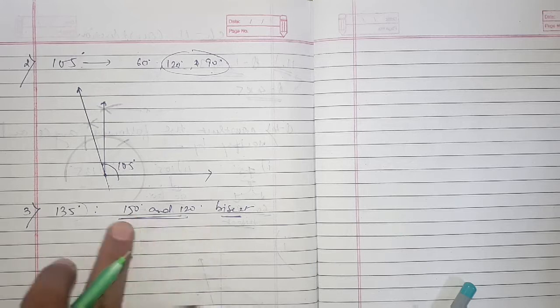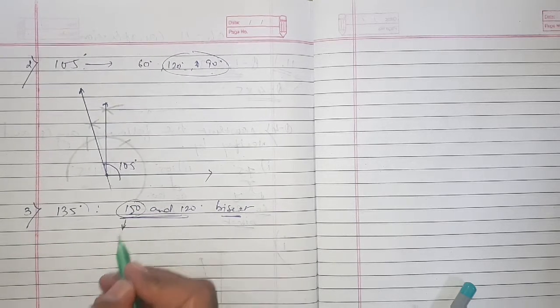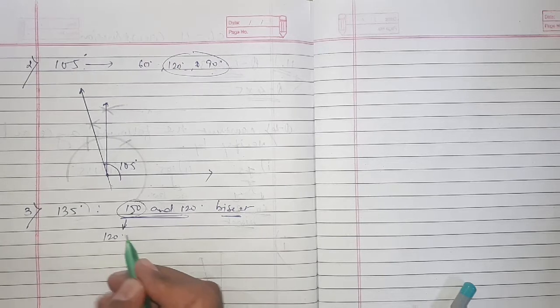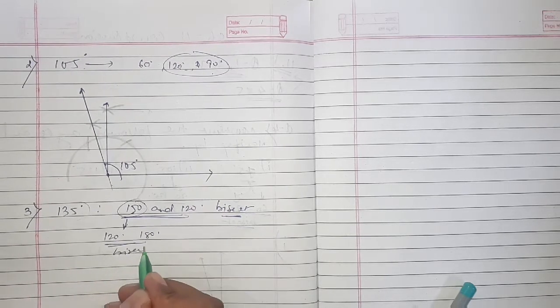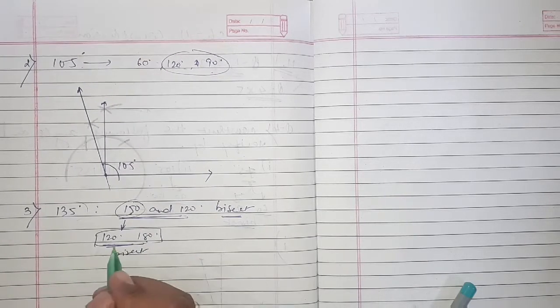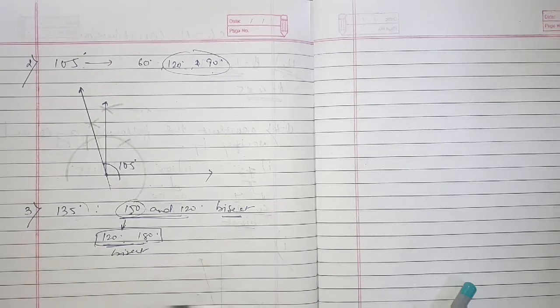Now for the 150 degree, construct an angle by bisecting 120 and 180, so you get 150 degree. Because 120 plus 180 is 300, and 300 by 2 is 150. From 0 to 180, bisect 120 and 180, and here you get the ray at 150 degree.